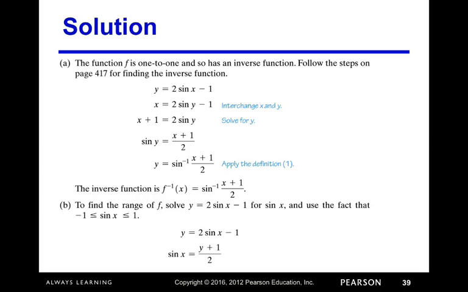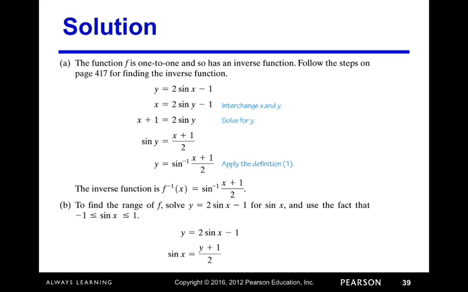And then we have to apply the definition. Remember that if we have sine of y equals (x plus 1) over 2, then y must be equal to the inverse sine of (x plus 1) over 2. And so that would be our inverse function. And at the last step, you change your y to f-1 of x.